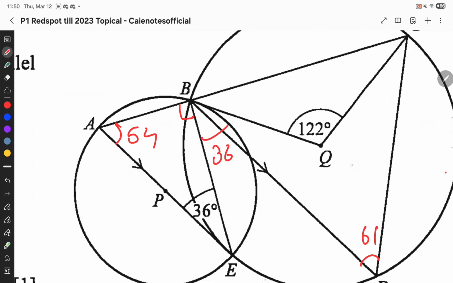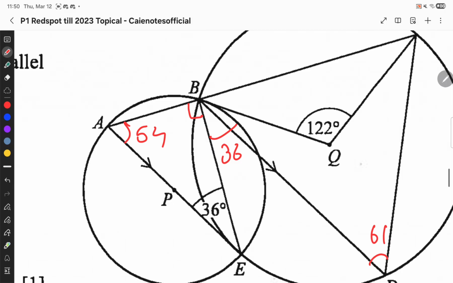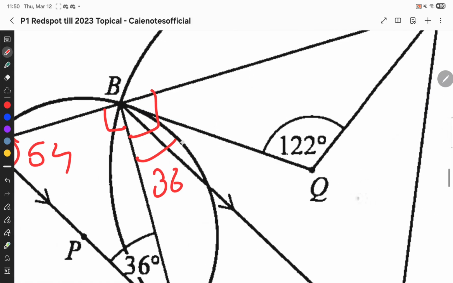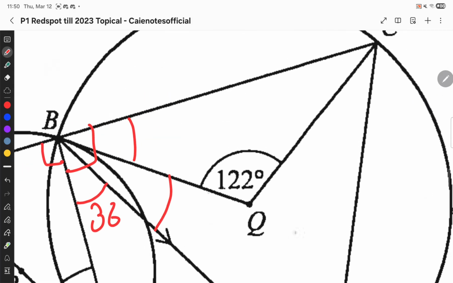Sorry. We see that this is a 90 over here, and this is a straight line. What is the remaining angle? This is also a 90. Now this is 36, this remaining, and we can find this. This is an isosceles triangle.